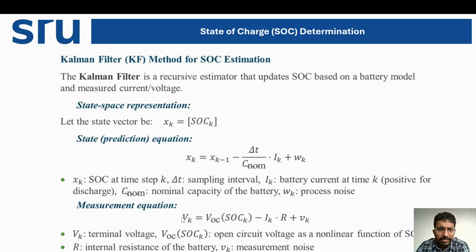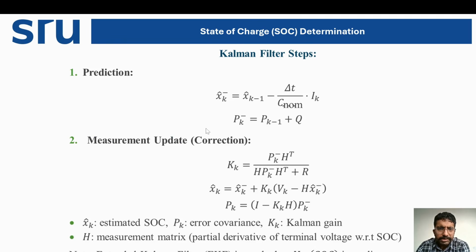Similarly, in the voltage measurement equation we are able to measure the terminal voltage. That measured value is provided as input to this Kalman filter. Now these are the prediction equations, and these are the measurement and correction equations. So these are the 5 equations involved in any Kalman filter.